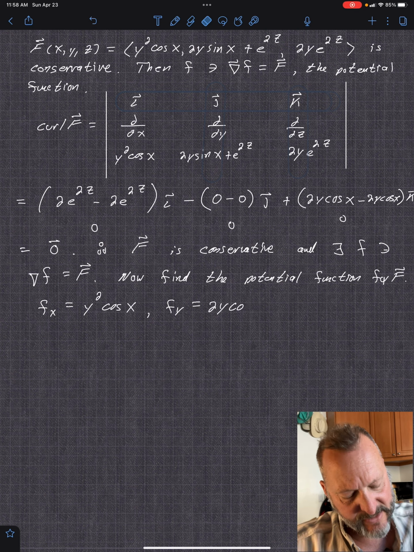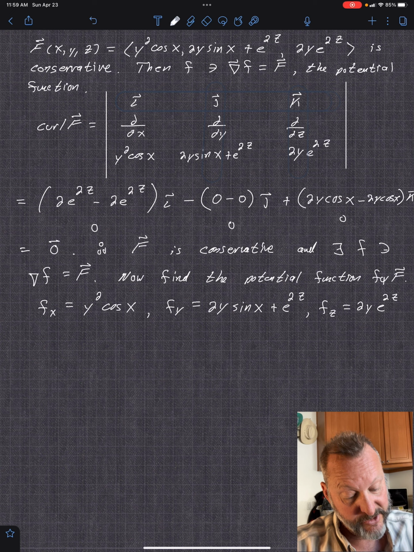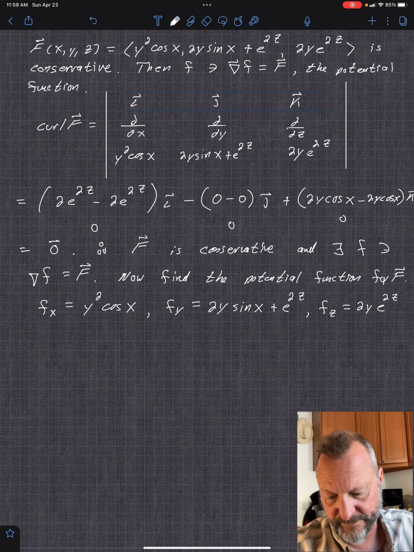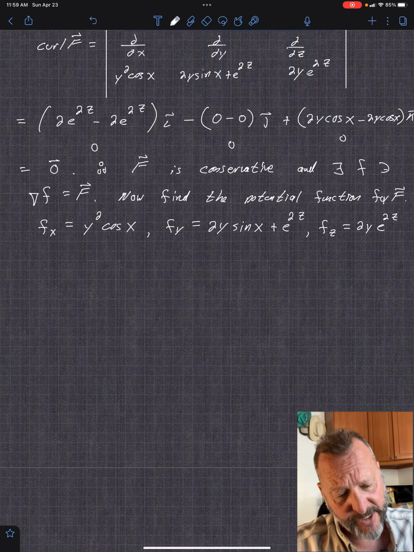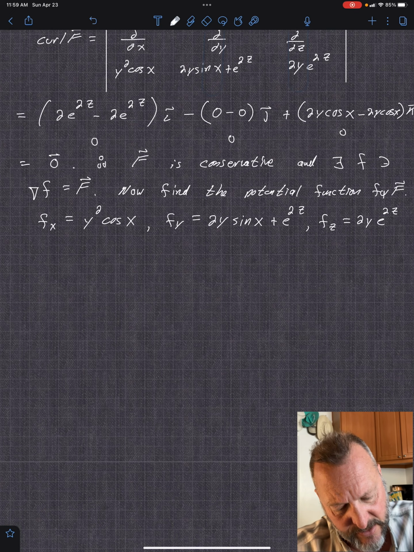I'm feeling an e to the 2z in our future. I'm just saying. So then you say f of x, y, z, which is what we're looking for, has to equal the integral of partial fx dx.